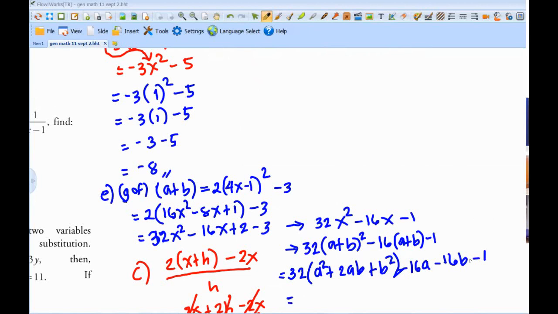So distribute the 32: 32a squared plus 64ab plus 32b squared minus 16a minus 16b minus 1. Okay, so that's it.